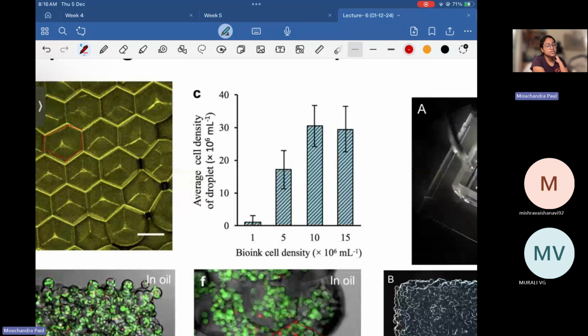They're saying if they use a bioink with a cell density of 15 × 10^6, that is basically 1.5 × 10^7, then the resulting cell density in the printed structure is around 3 × 10^7 or 13 × 10^6 cells per ml. All right. So the cell density is quite high in the printed structure.